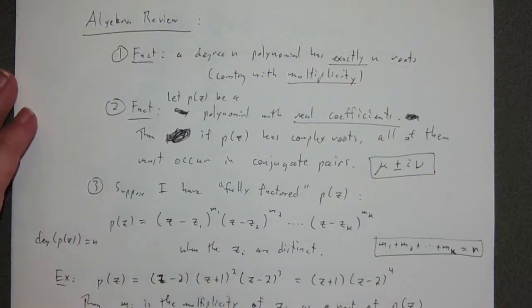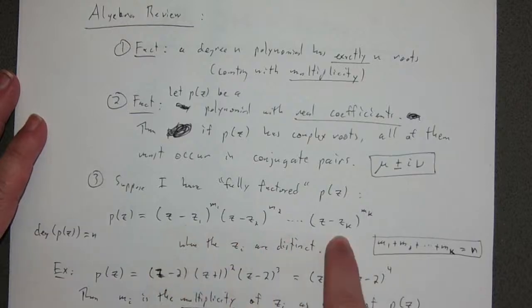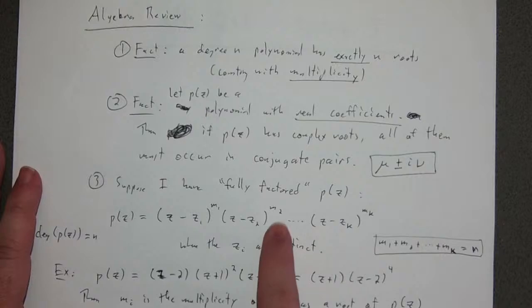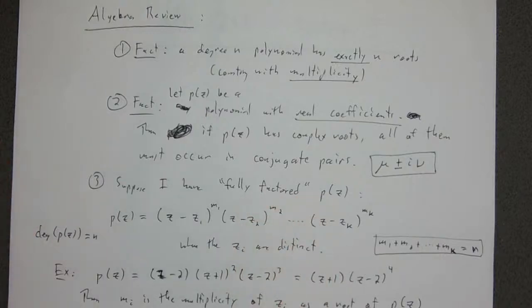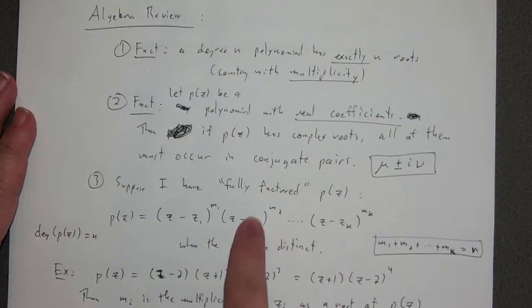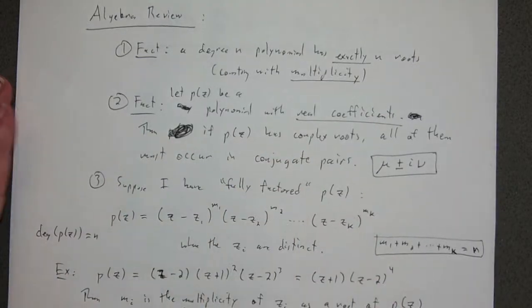And number 3, suppose I have fully factored this polynomial. So here it is, fully factored into its linear factors, right? I'm going to ignore the restrictions around the fact that these have to occur in conjugate pairs, forget that for a second.